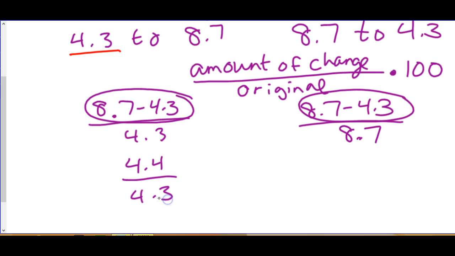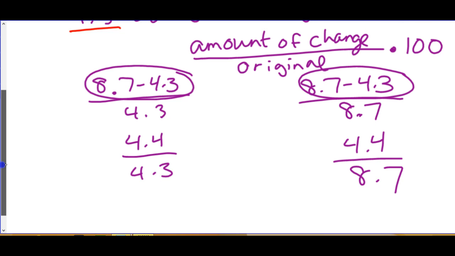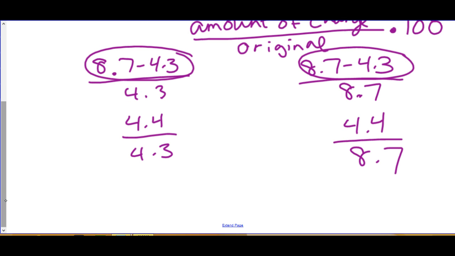So we will do 4.4 divided by 4.3, or on the second one, 4.4 divided by 8.7. So 4.4 divided by 4.3 is 1.023. And then we have to times it by 100 to make it a percent.